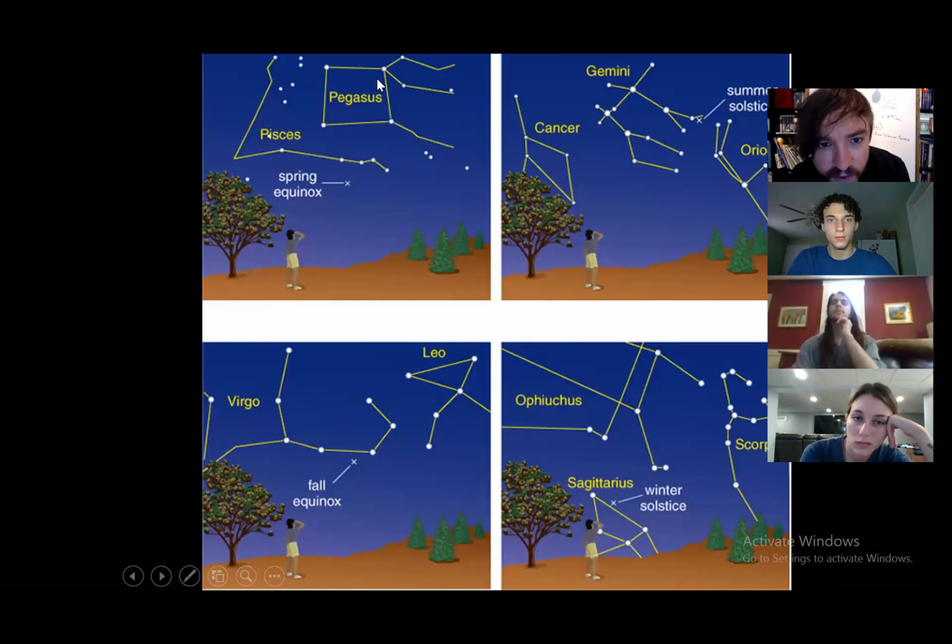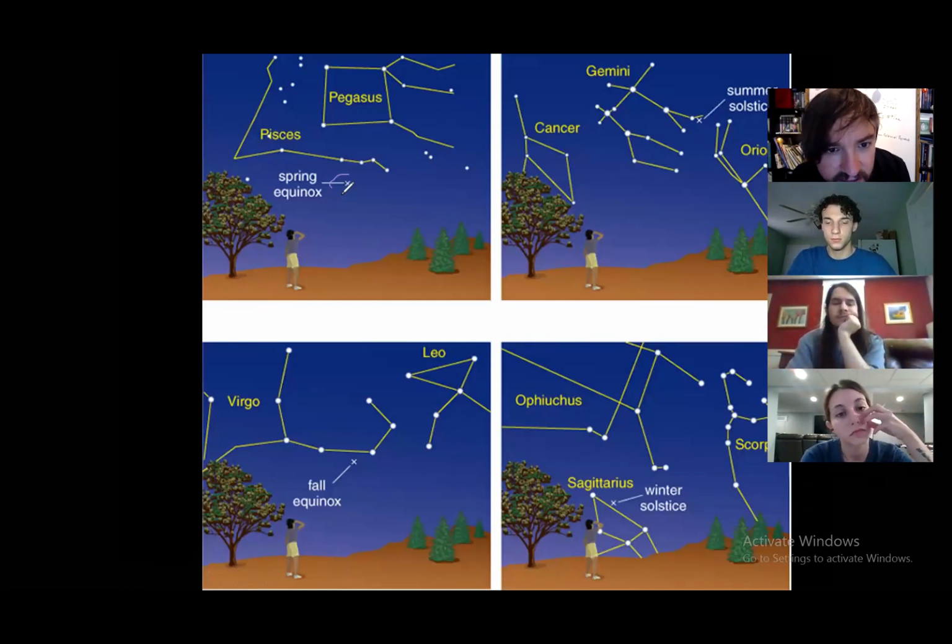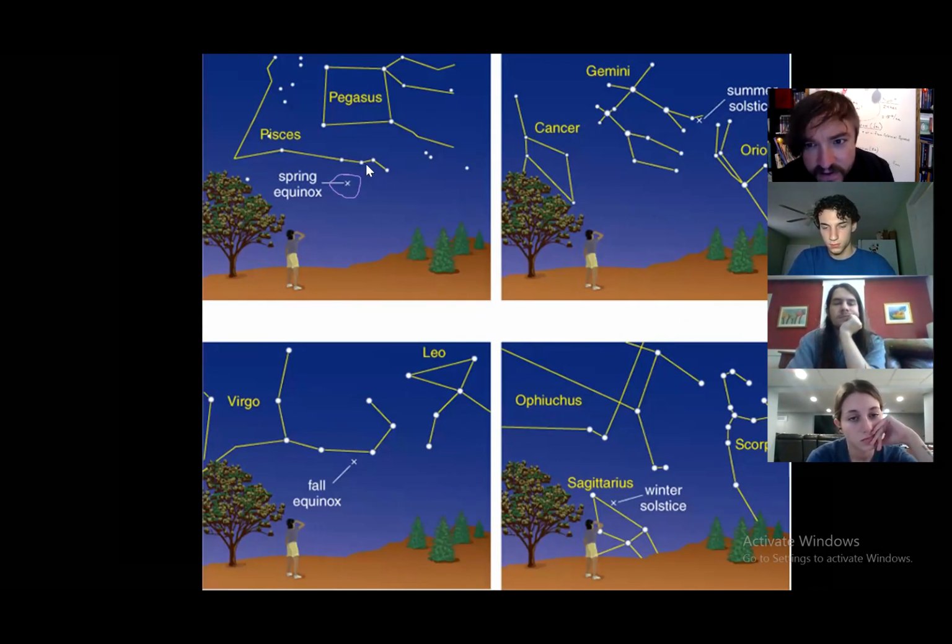These aren't just dots on the celestial sphere, they're actually points in your sky. Every day, the spring equinox rises and sets in your local sky. It's an empty dot located somewhere in the constellation Pisces. Normally, you don't notice it because usually there's nothing there.